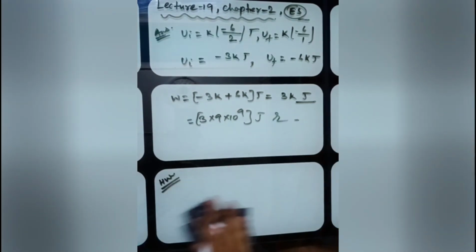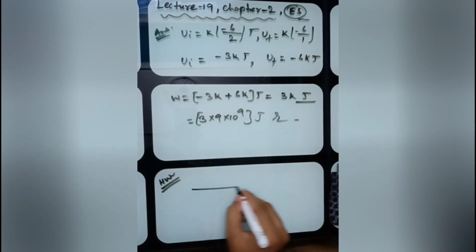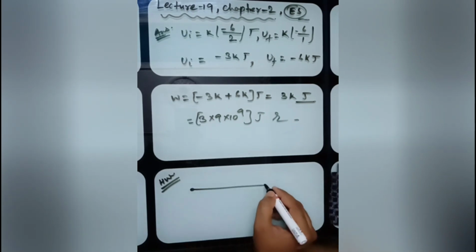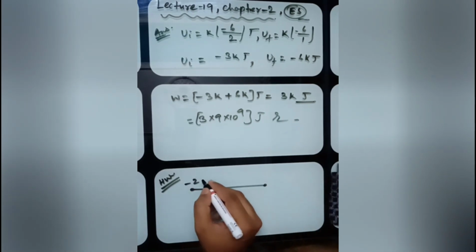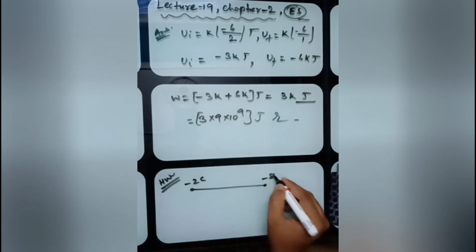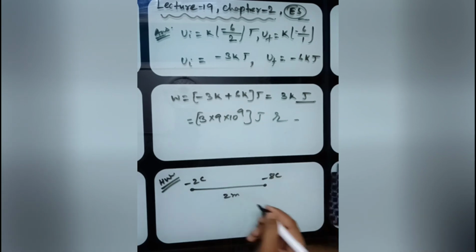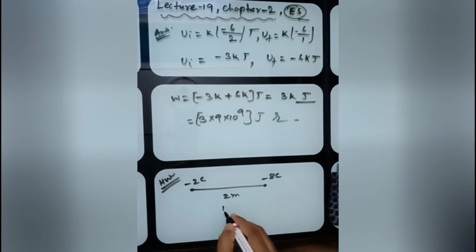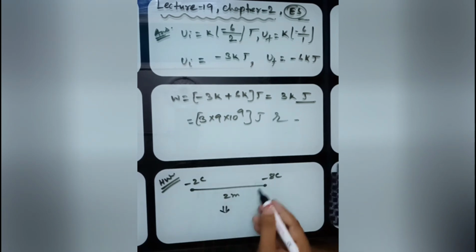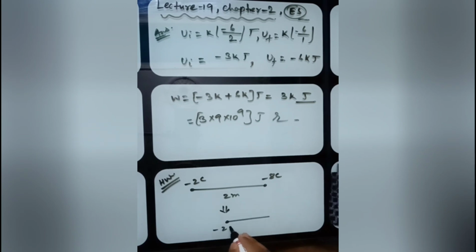The simple question I'm giving you: minus 2 coulomb, minus 8 coulomb. At 2 meter, you have to dissociate this charge. The system has to bring this minus 2 coulomb to 1 meter.